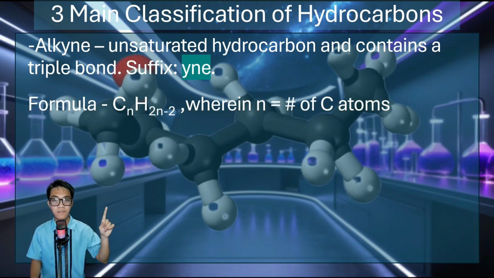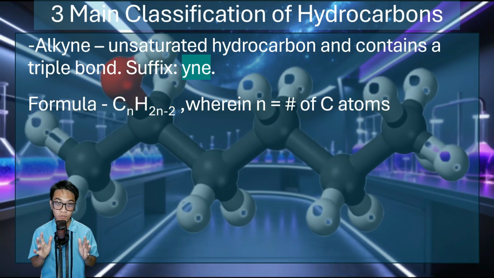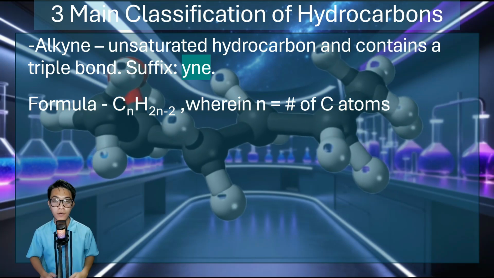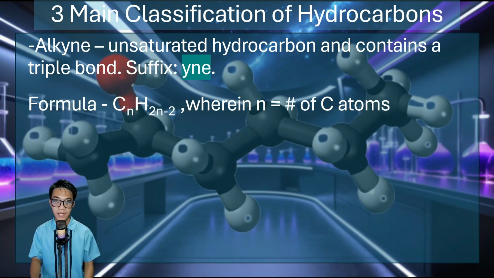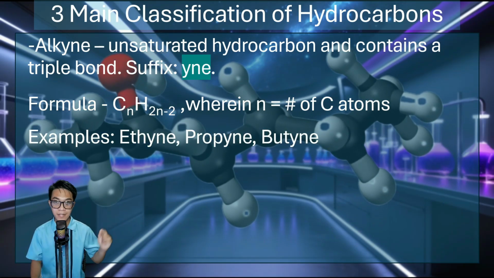Alkynes have a formula of CnH2n-2, and you just have to substitute the number of carbon atoms for the letter n in order to see if we can have an alkyne out of the chemical formula that we have. And examples of alkynes include ethyne, propyne, and butyne.